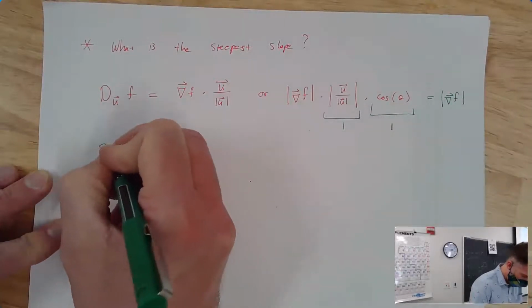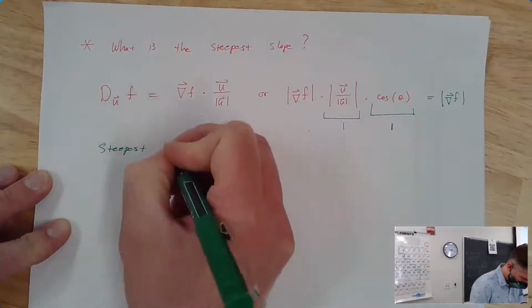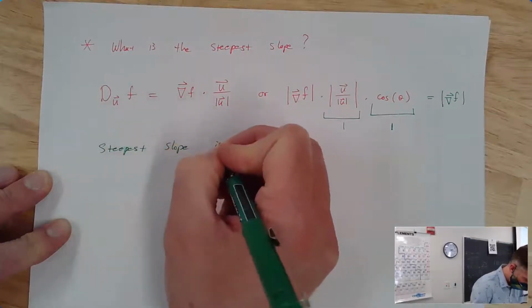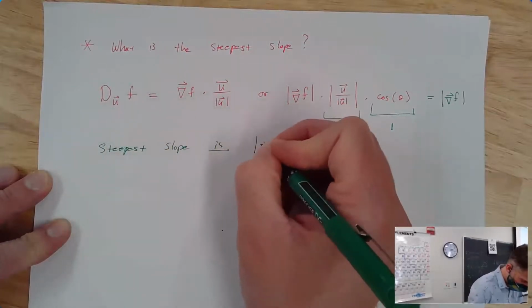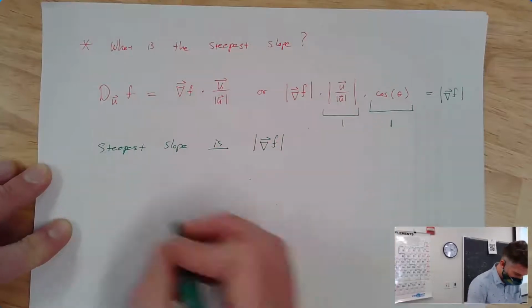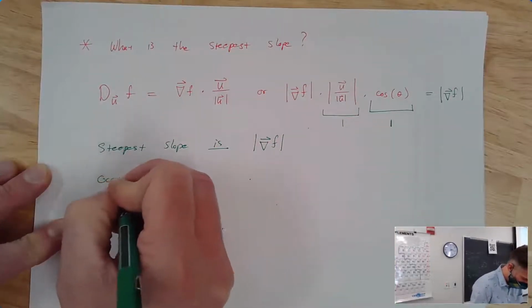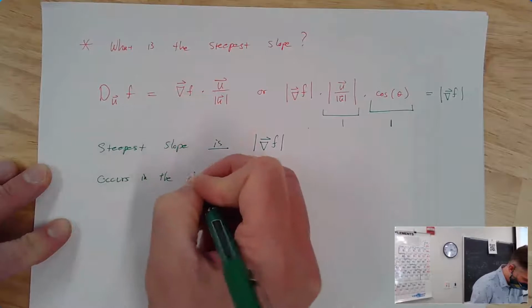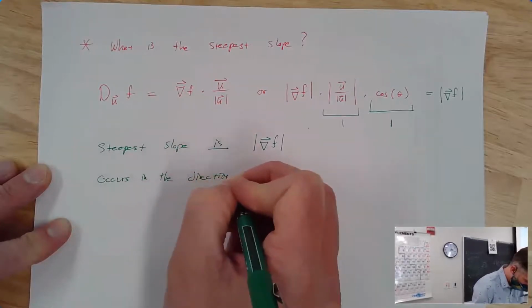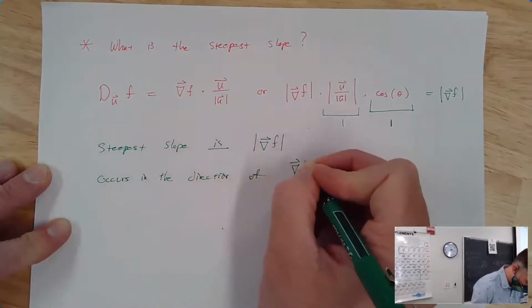So the steepest slope is the magnitude of the gradient, and it occurs in the direction of the gradient.